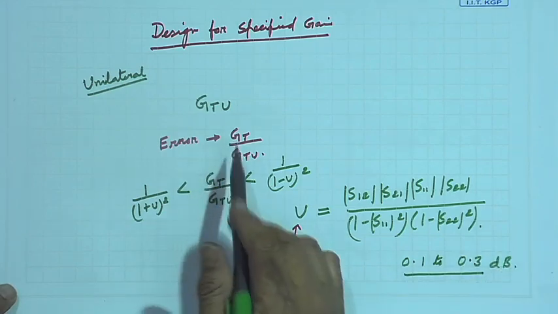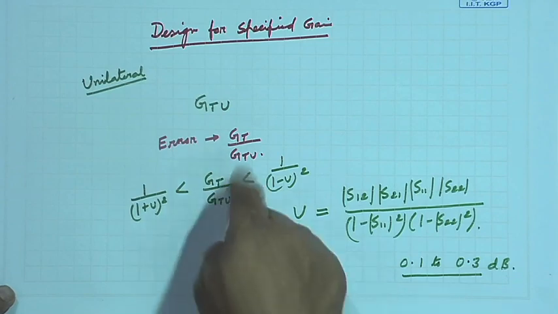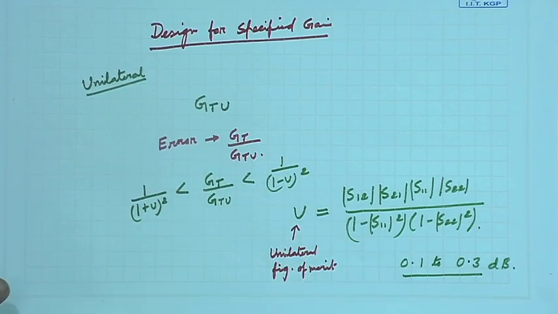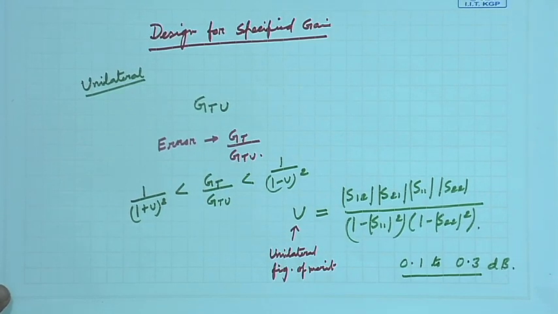So, I am not suffering much in this. If I make a unilateral approximation, then the error that I commit in getting the gain is not much. So, that generally can be done, and it simplifies the procedure.